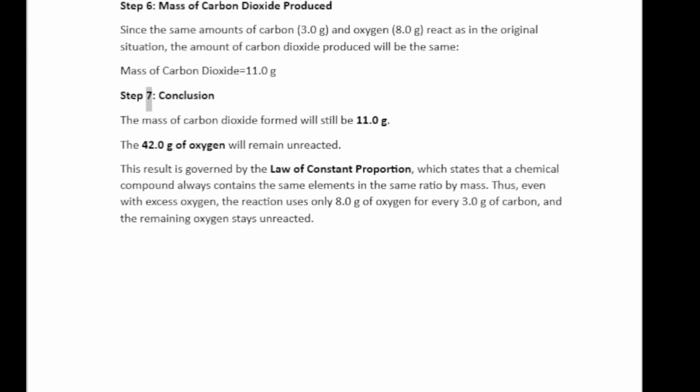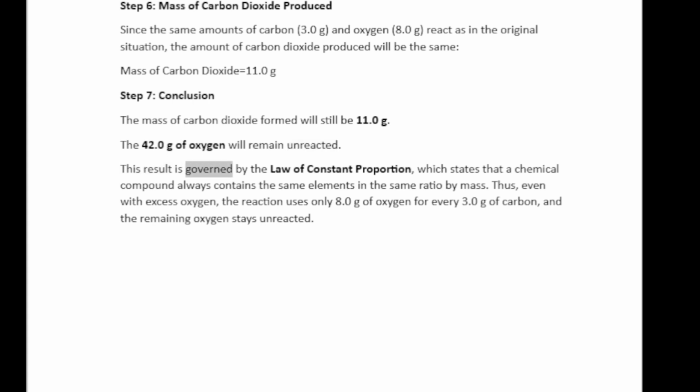Step 7. Conclusion. The mass of carbon dioxide formed will still be 11.0 g. The 42.0 g of oxygen will remain unreacted.